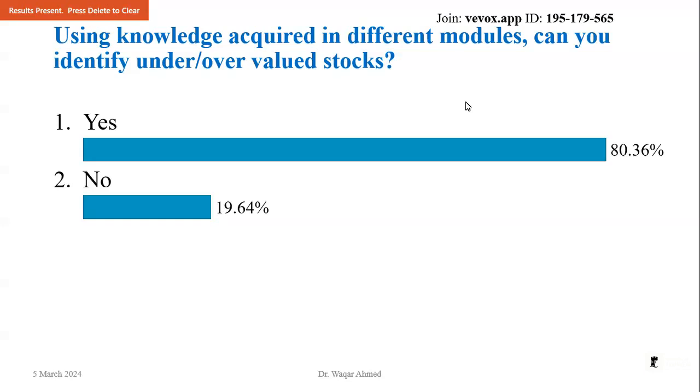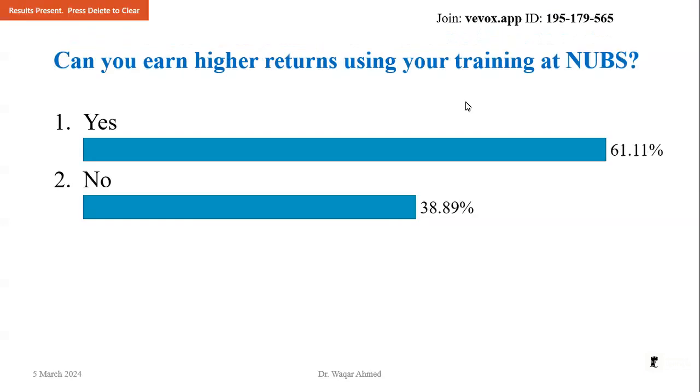And 80% of you agree that you can. And if you can identify mispriced assets, then you should be able to generate higher returns. So the expectation here was that at least close to 80% should have answered yes to this question.